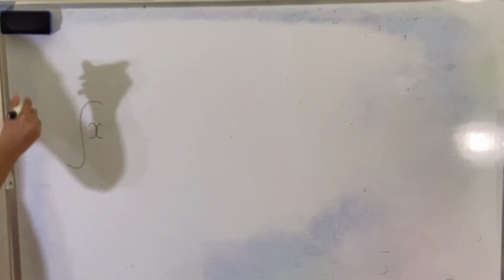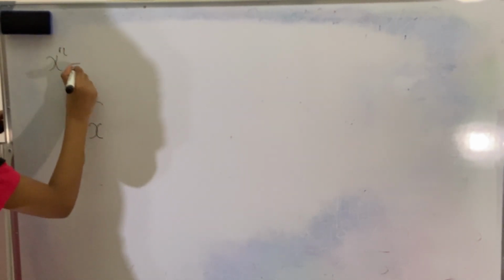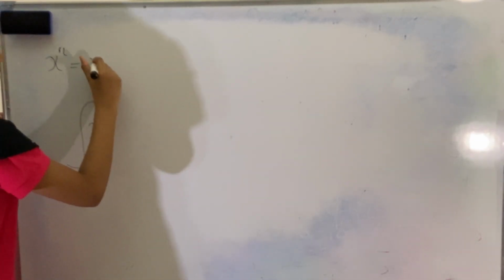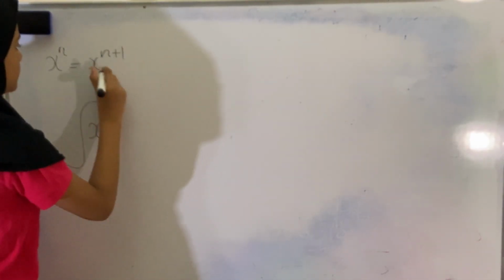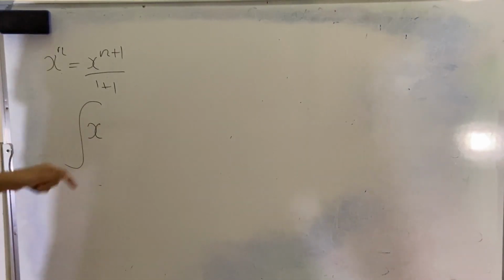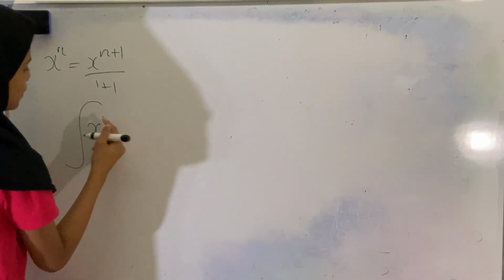Okay, so this is the equation for this. n means number, so this is the equation: x raised to n plus 1, divided by n plus 1. Here there's a 1 on top of x that we are not showing.